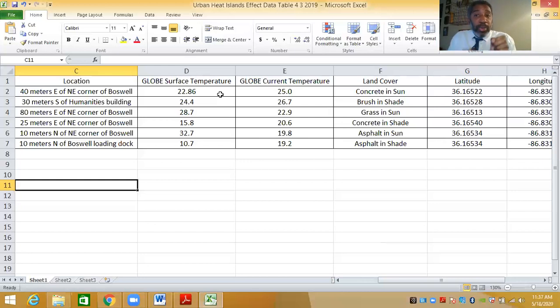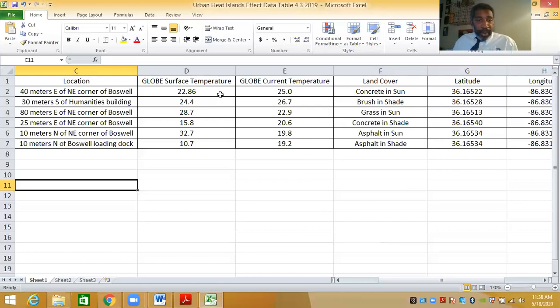That's where we can really see how a low albedo surface can become quite hot, even early in the day. You can imagine that if we did this same experiment in the afternoon, we might see temperatures of over 100 degrees Fahrenheit on that asphalt.